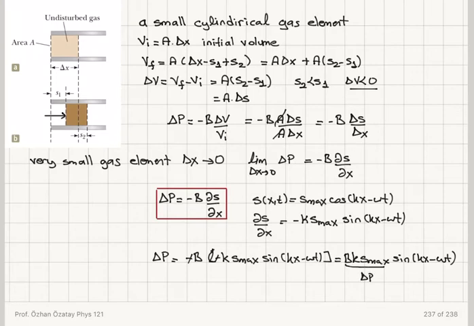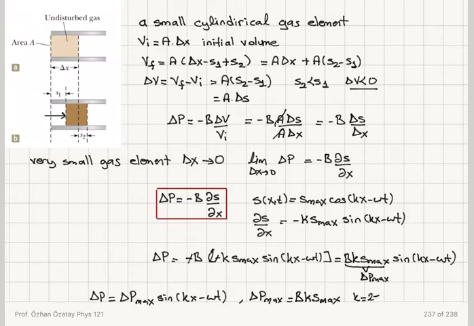So this part is the maximum change in pressure. Okay, so I find that the pressure description is delta P max sine kx minus omega t, where delta P max is equal to bulk modulus of the gas, the wave number k, times the maximum displacement amplitude S max.